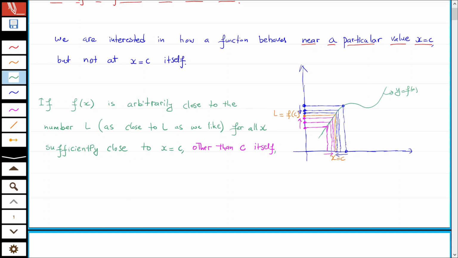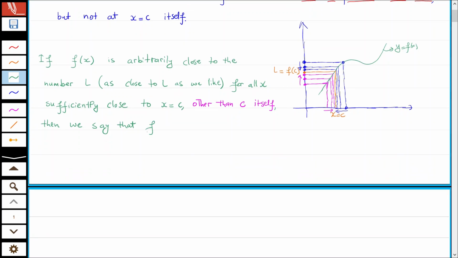then we say that f approaches the value L, or f approaches the limit L, as our x approaches c.